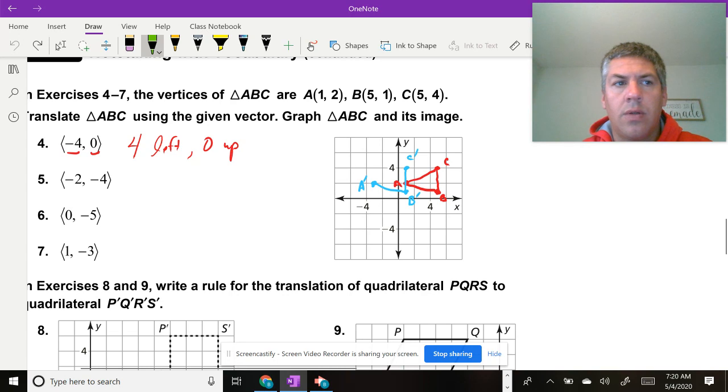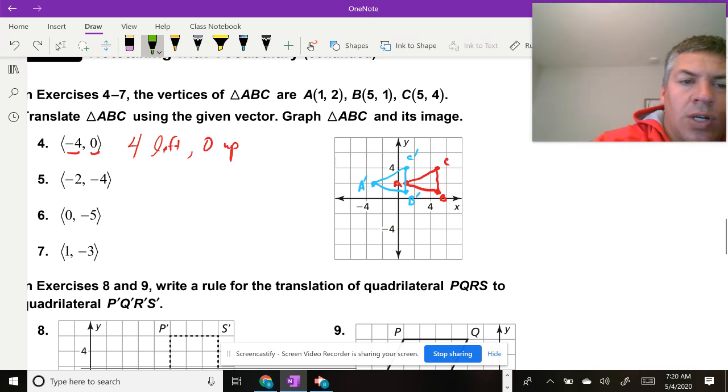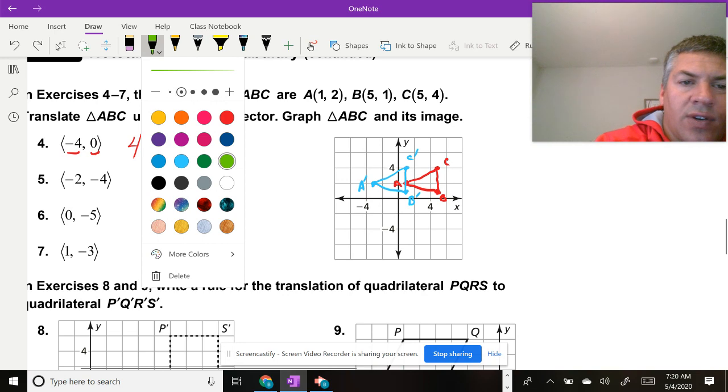All right, it's not going to remember, I guess, moving that next one. So again, we'll use a different color here.